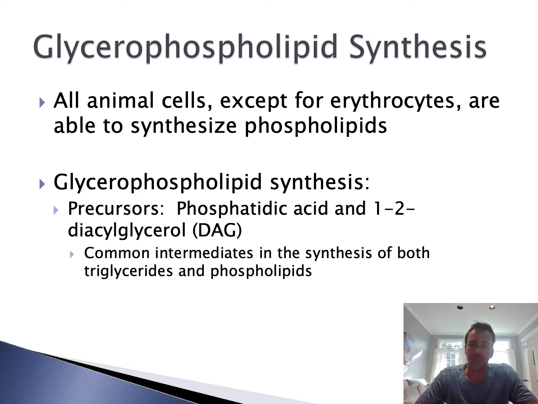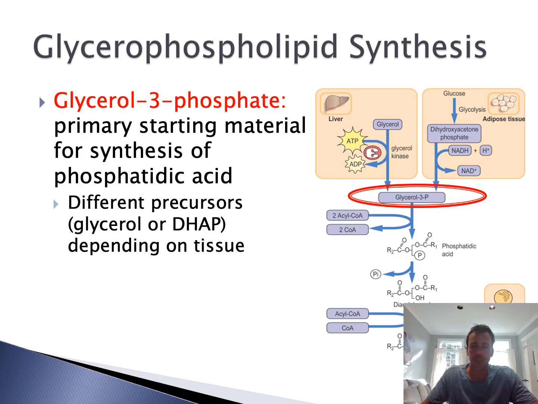When we talk about glycerol phospholipid synthesis, I've touched a little bit on this, but it occurs in all animal cells except for red blood cells. The precursors are phosphatidic acid and 1,2-diacylglycerol. These are common intermediates in the synthesis of both triglycerides and phospholipids. Glycerol 3-phosphate is the primary starting material for the synthesis of phosphatidic acid, whether you're starting in liver or in adipose tissue.